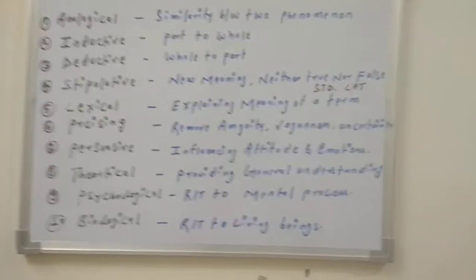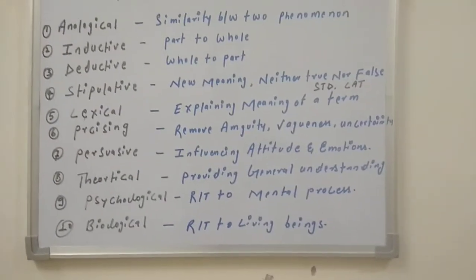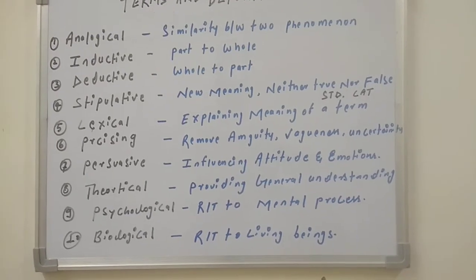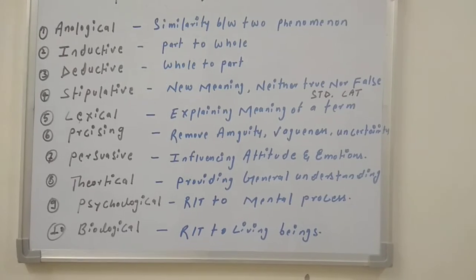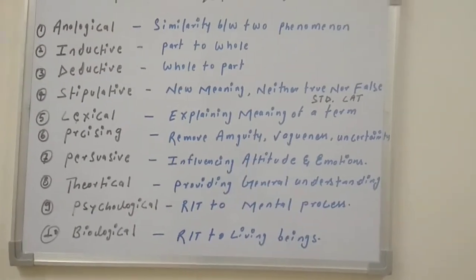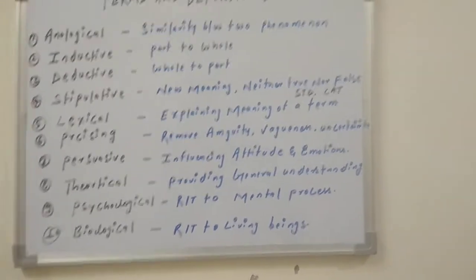Now there is ambiguity and vagueness in the sentence. Tomorrow what time will I go home, and where is my home? I can remove this ambiguity by saying what time I'll go to my home and where it is located. This is one example of a precising definition.